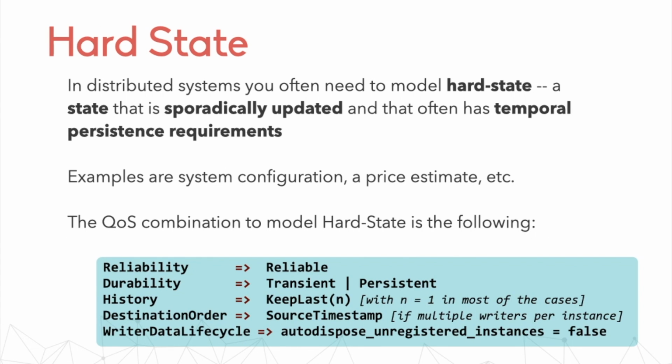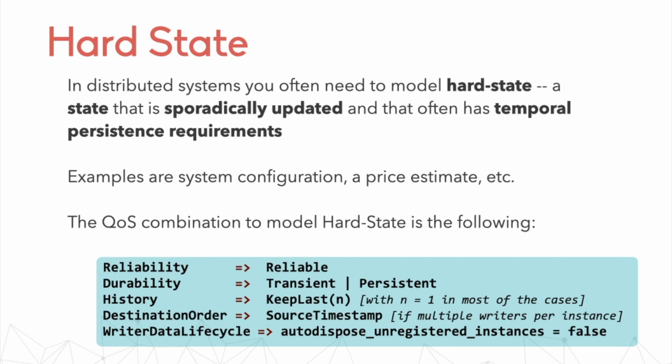For hard state, and hard state is state that is sporadically updated or that has temporal persistence requirements, this could be, for instance, your robot configuration, or a price estimate that takes 2 hours to calculate. The QoS combination that is relevant for hard state is the following: again reliability, durability, history, destination order, and writer data lifecycle in this case.